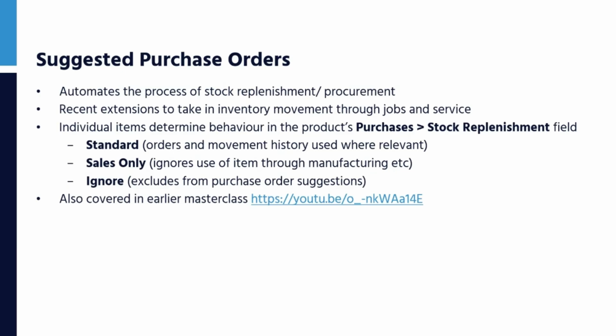Just a final point on bins. Sometimes people say, oh, we really want a strict bin system that makes us do a transaction every time we want to move items from one bin to another. And there are use cases for that. And typically what happens is you say to them, well, if you're not using lot tracking for your items at the moment, perhaps turn lot tracking on for a couple of your items that you want to control better.